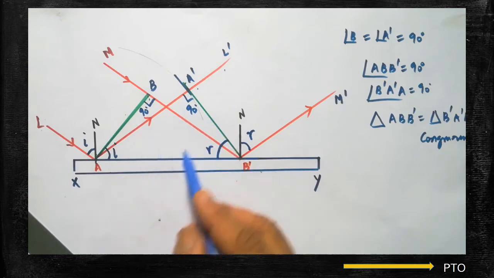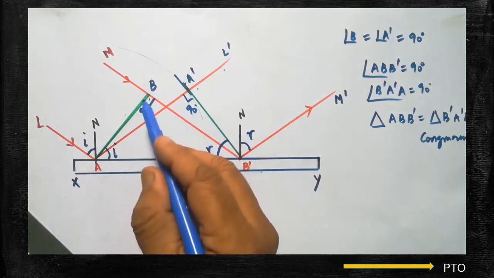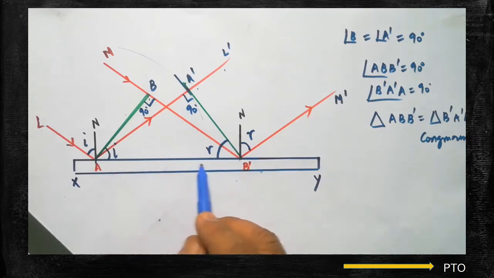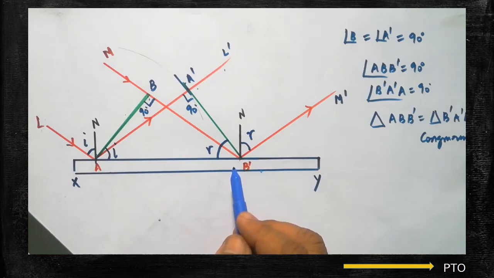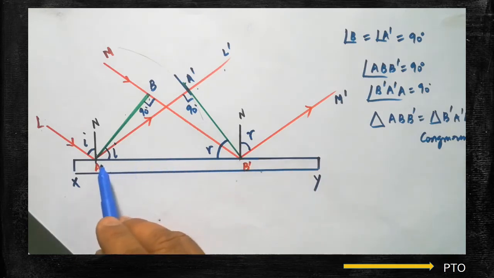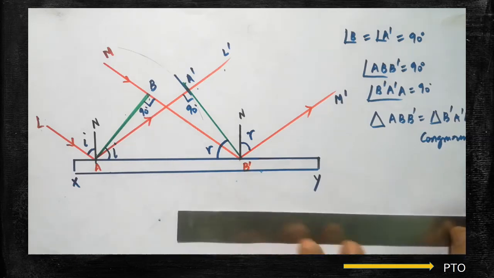Are you clear? Two triangles, they should have a common side here. For this triangle, this is the common side. AB dash is the common side. Are you clear? So, first you have to prove that this side is common for both. Therefore, I am going to draw the triangles separately.